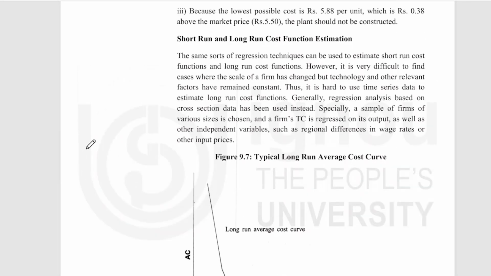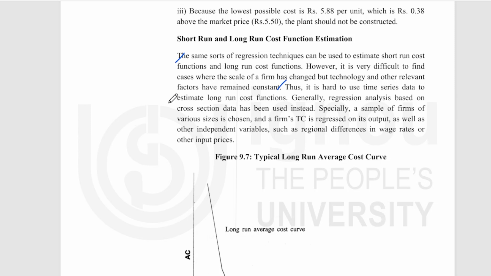And for short run and long run cost function estimates, the same sorts of regression technique can be used to estimate short run cost functions and long run cost functions. However, it is very difficult to find cases where the scale of firm has changed but technology and other relevant factors have remained constant, and thus it is hard to use time series data to estimate long run cost functions.